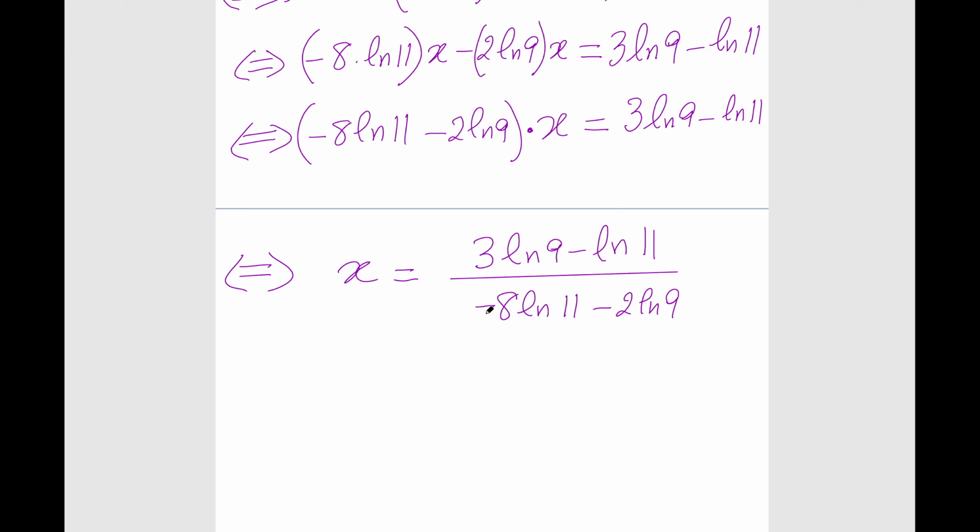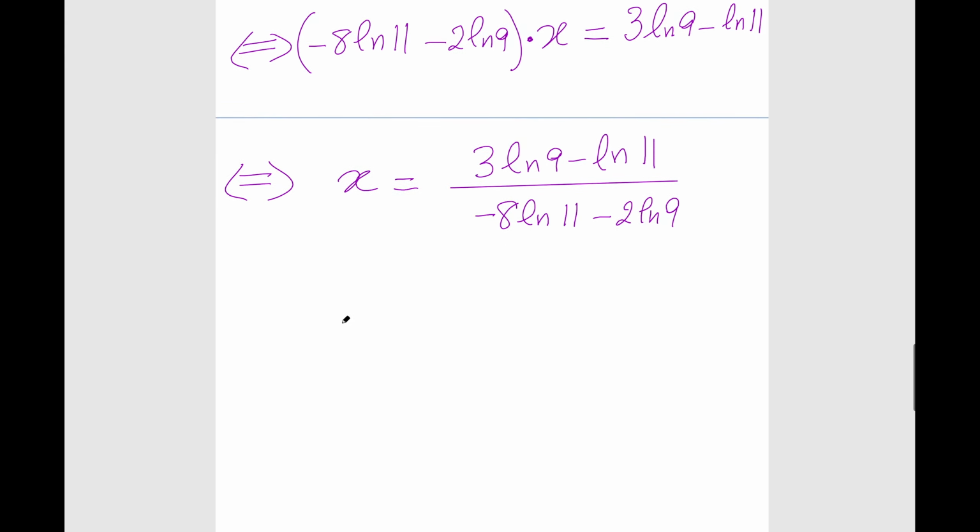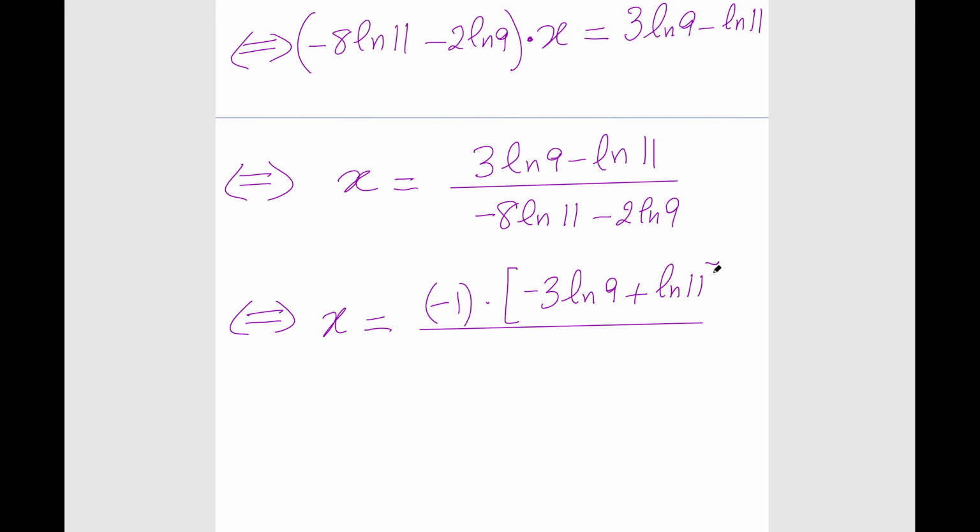If you would like to have it more simplified in terms of having fewer minuses, that's the best I can do. Simply reduce the number of minuses you might have. And what I can do to do so is to factor out minus 1 downstairs and minus 1 upstairs. If you factor out minus 1 upstairs, you get minus 3 ln 9 plus ln of 11. And if you factor out minus 1 downstairs, you get 8 ln of 11 plus 2 ln of 9.